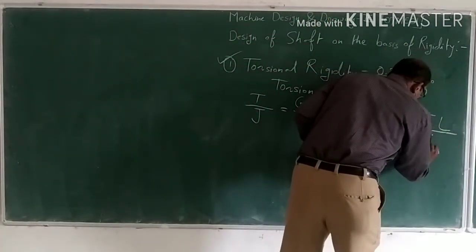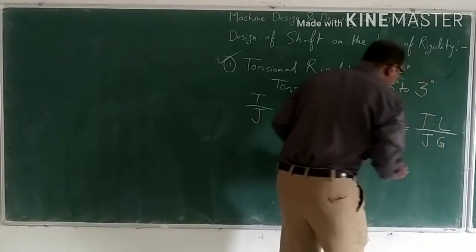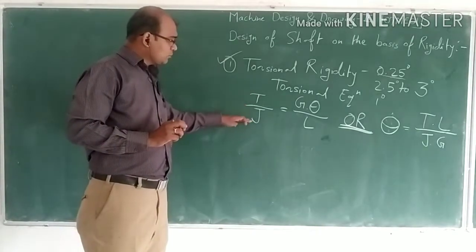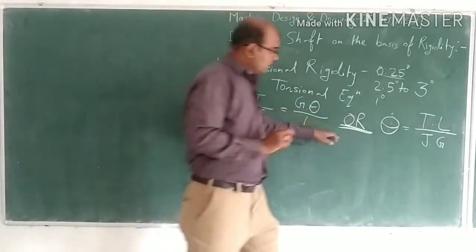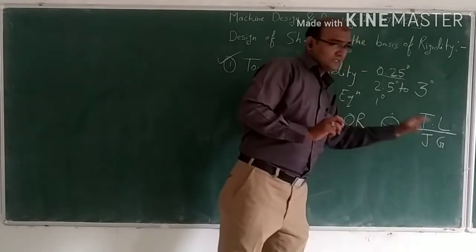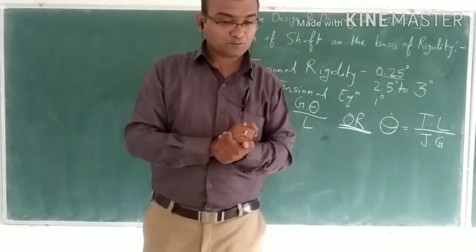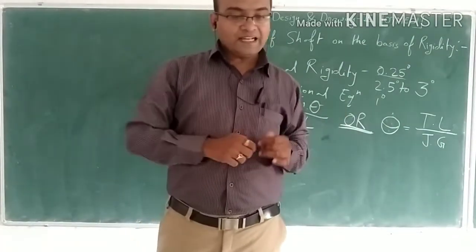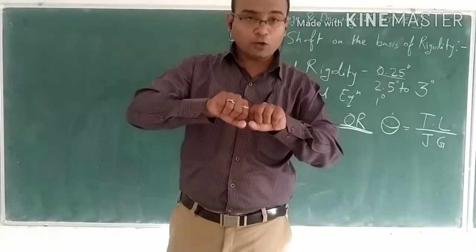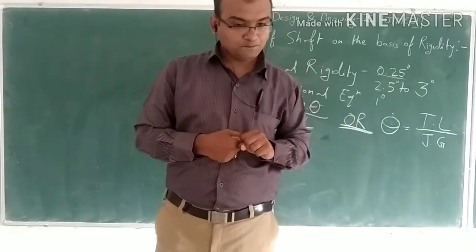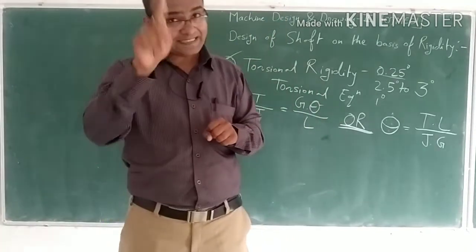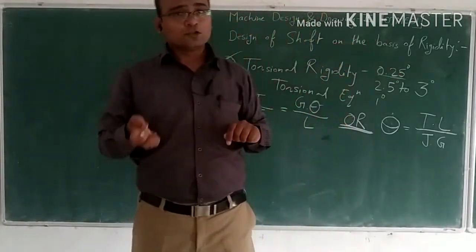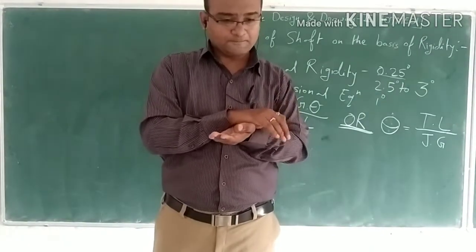Where theta is the torsional deflection or angle of twist, in radian. If it is given in degree, we can convert that into radian.